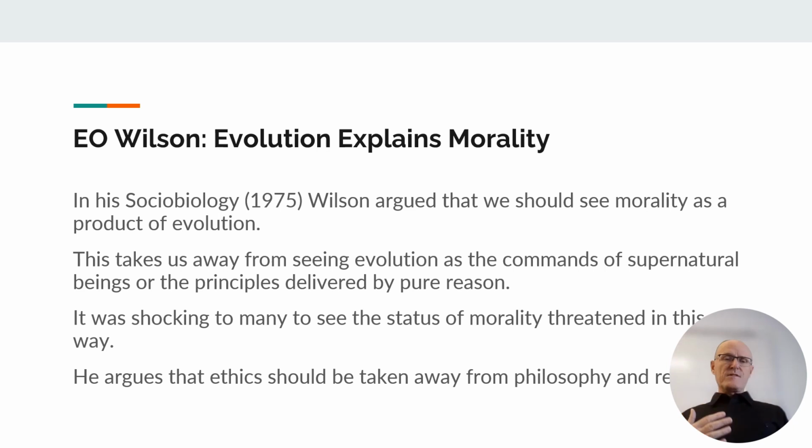So the idea is that through generation to generation, you get creatures which are better and better adapted to particular environments and better at surviving. And that means that you can explain all of life on Earth through this process of evolution, not just animal life, but also plant life, just everything.